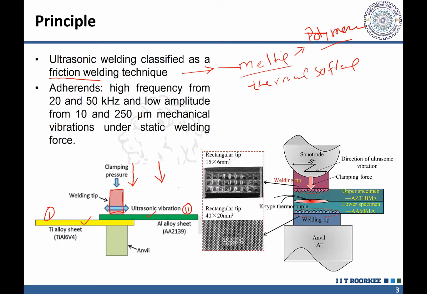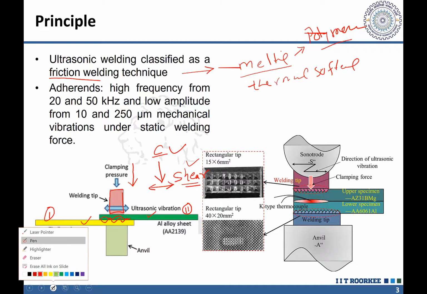These mechanical vibrations mostly act laterally in the plane parallel to the joint interface. So the combination of the compressive load and the shearing kind of movement through the mechanical vibrations leads to a lot of interfacial heat generation due to friction, and that is what we can see here in this another diagram.